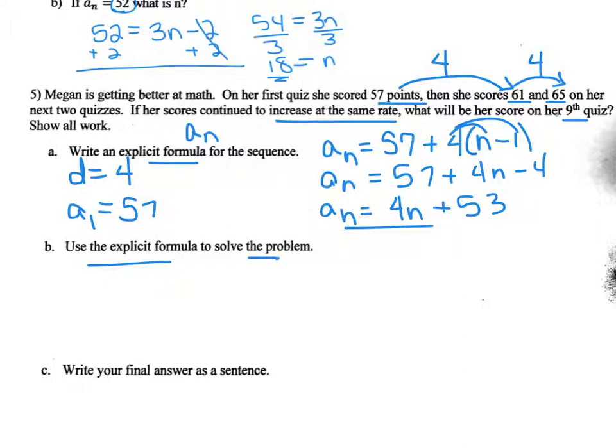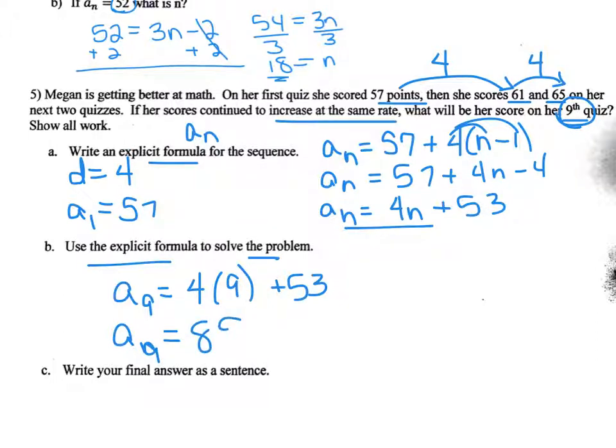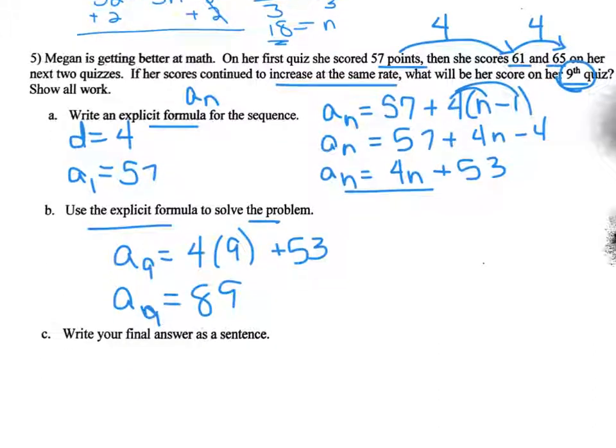So the problem is, what did she get on her 9th quiz? Well, her 9th quiz would be a sub 9. So I plug 9 in for n. And it looks like she got a sub 9, looks like she got an 89. So write your final answer as a sentence.